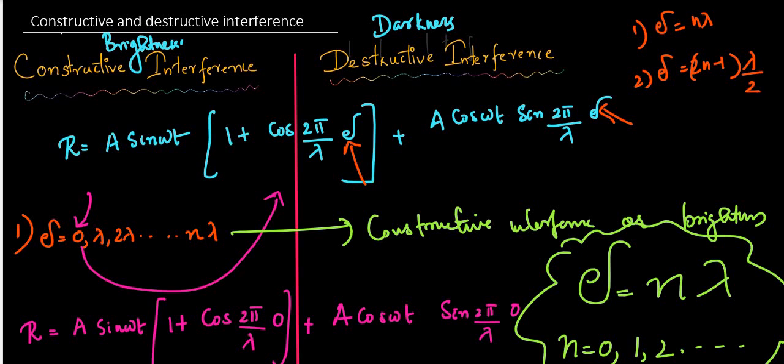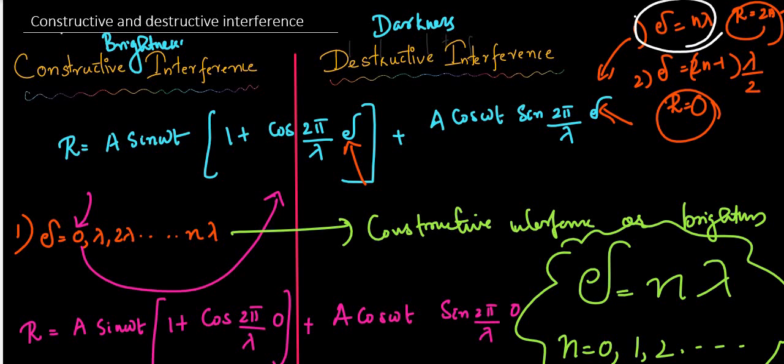When we substituted the first set, the resultant displacement was 2A sin omega t. When we substituted the second set, the resultant displacement was 0. So delta equal to n lambda is the condition for brightness, and delta equal to (2n minus 1) lambda by 2 is the condition for darkness. I hope you understood the topic.